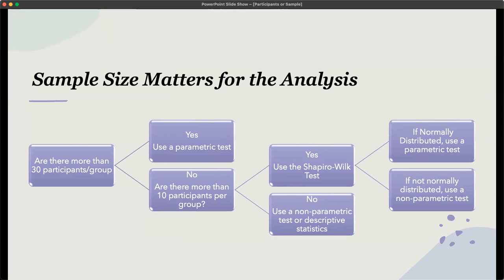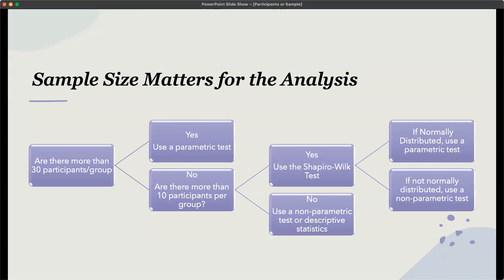It's very rare that you'll have less than 10 participants, but in cases where you're doing a study with preschoolers, it's really hard to get preschoolers to participate through a whole study. Or if you're looking at samples of people that are differently abled, then you're going to have a small sample size. So in that case, if it's less than 10, you're going with non-parametric tests or descriptive statistics.